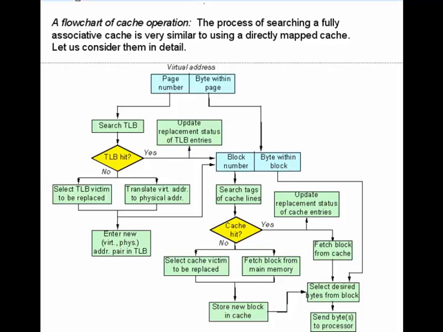If you use anything like least recently used replacement, then if you just reference the line that was least recently used, obviously it's no longer the least recently used line, but it becomes the most recently used line. So you need to update the bits that record which line is least recently used.